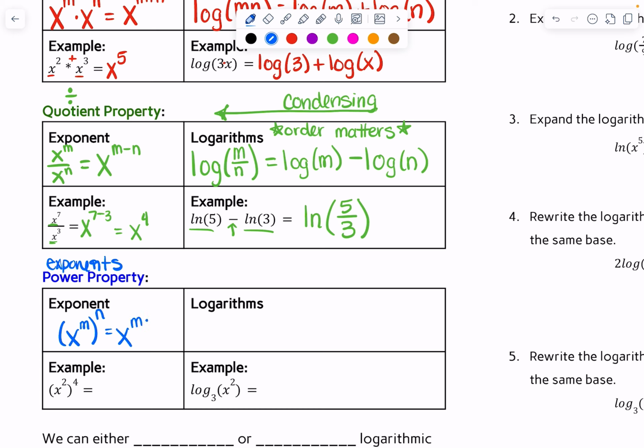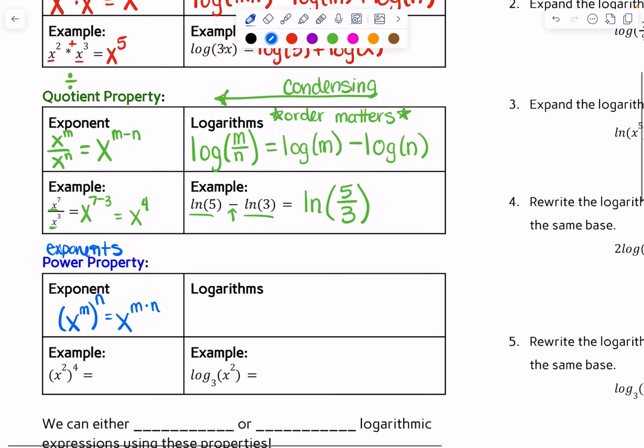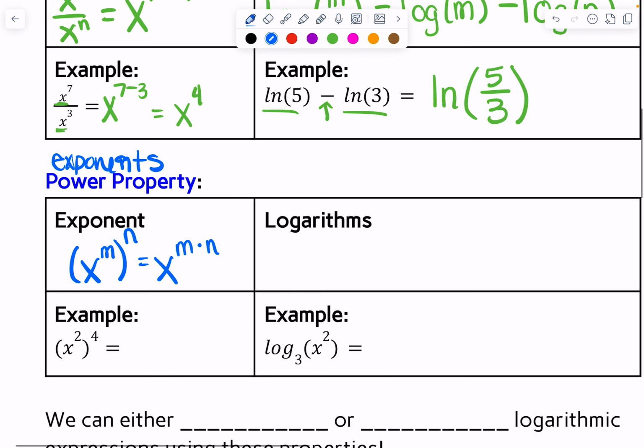So that's x to the m times n. So for example, here we have x squared to the 4th power. Because this is an exponent to another power, we're going to multiply those exponents. So that's x to the 2 times 4 power, which is going to simplify out to x to the 8th power.